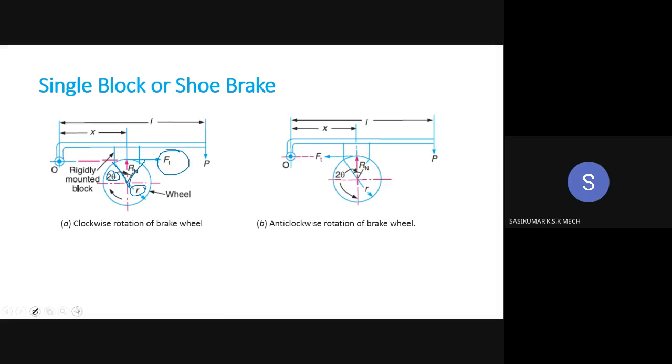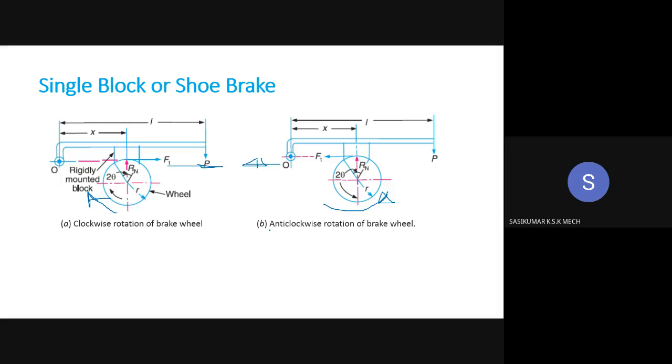Here the motion of the drum may be either clockwise or counterclockwise. This is the clockwise rotation. If the drum rotates like this, the tangential force will be acting along this direction. Whereas here, the anti-clockwise rotation of the brake wheel is happening, and the frictional resistance will be acting along this direction.